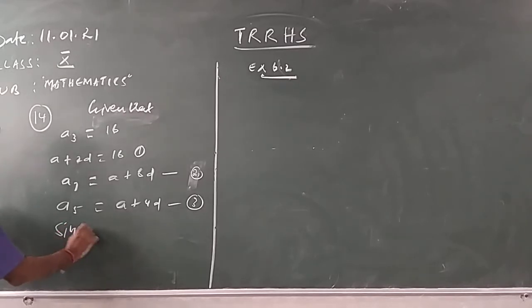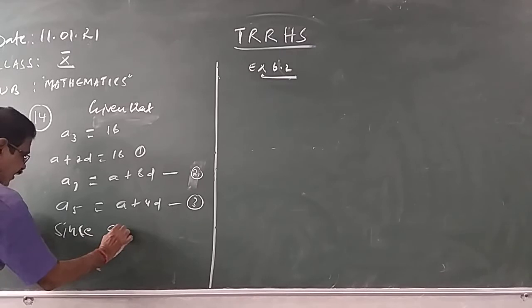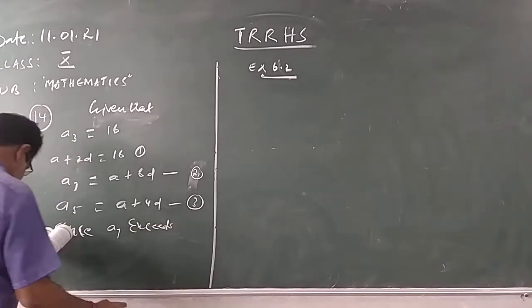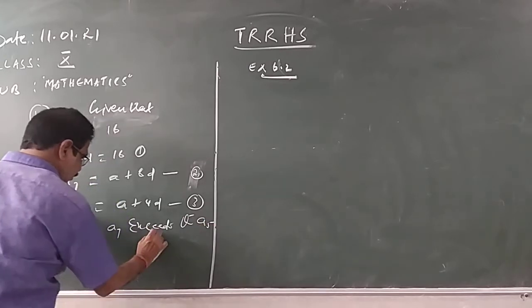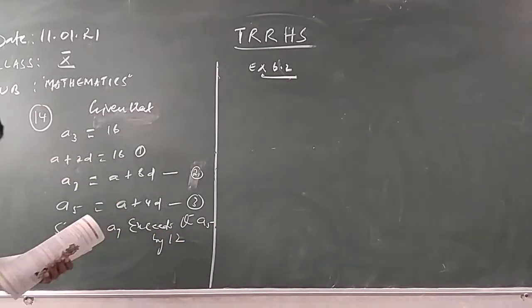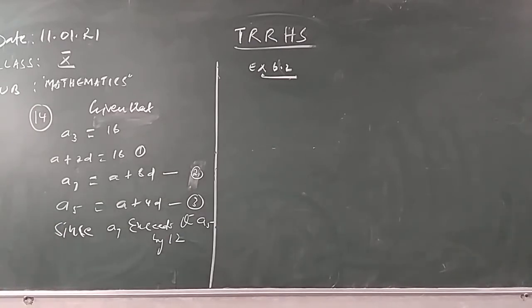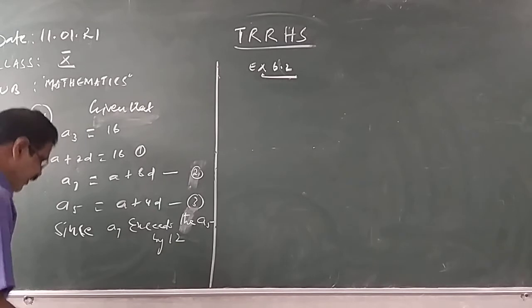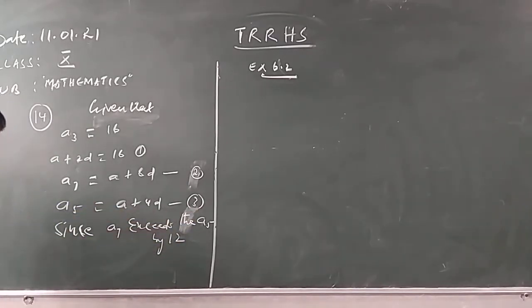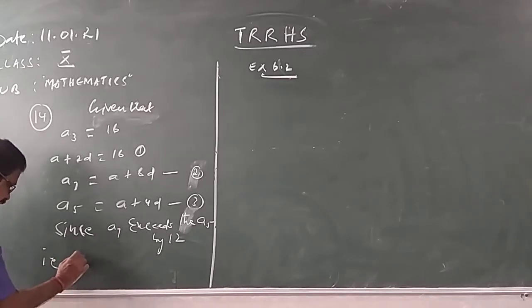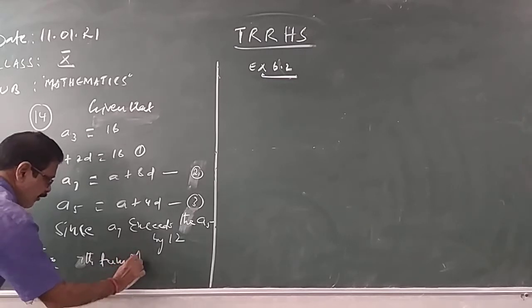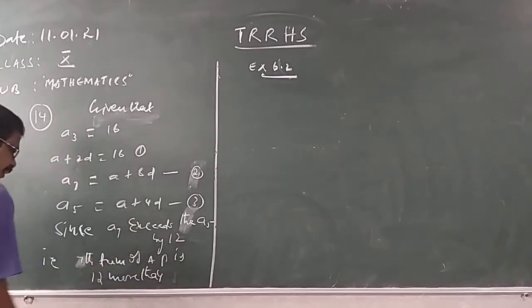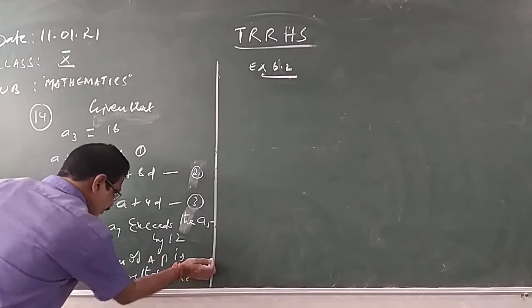Since A7 exceeds the fifth term by 12, it means the seventh term of AP is 12 more than the fifth term.